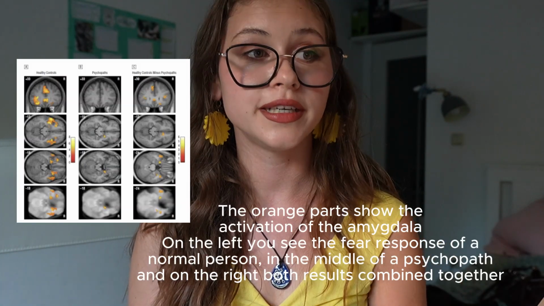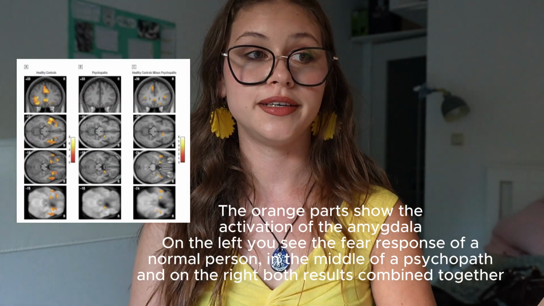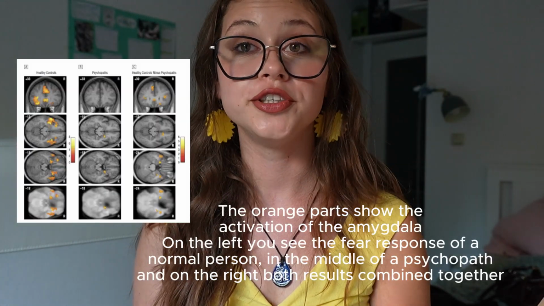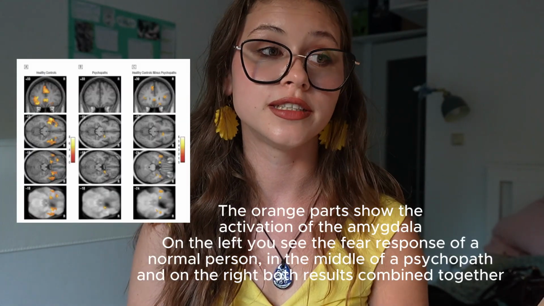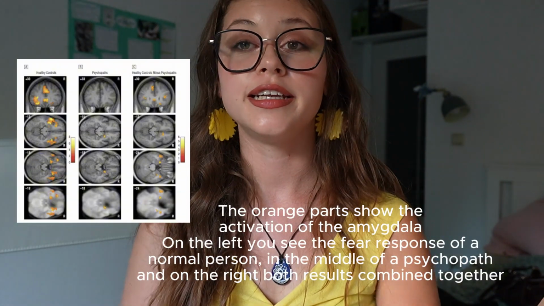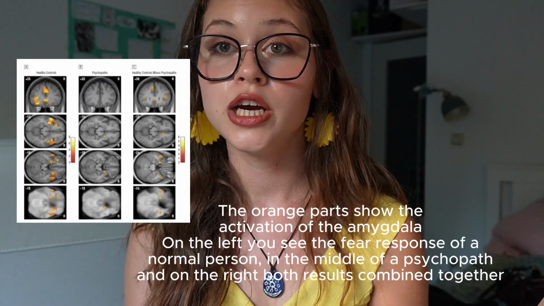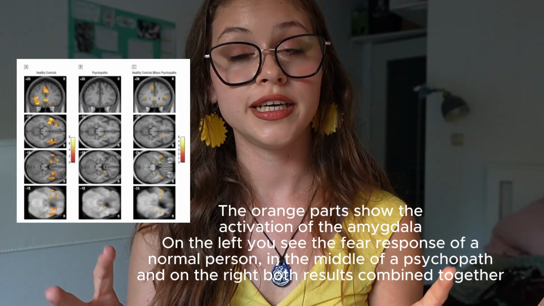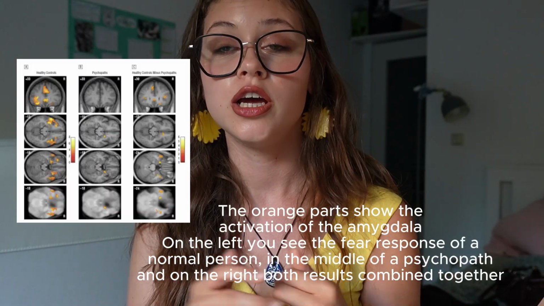I will put in some MRI scans if I can find them of a psychopathic amygdala and a normal amygdala. They have reduced affective modulation, especially when it comes to negative stimuli. They often have difficulty differentiating safety and danger.